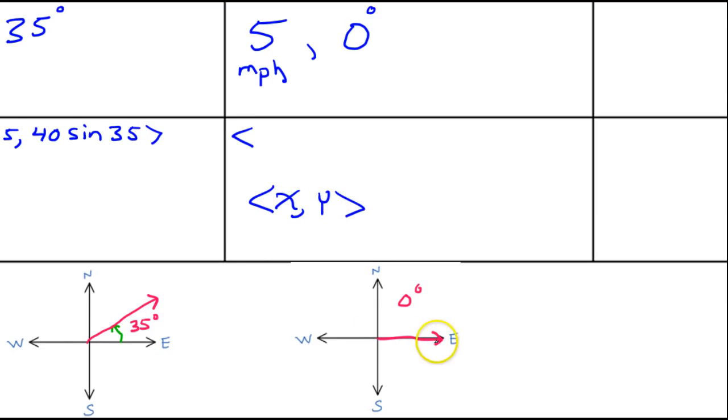But if you're talking about a vector that is due east, that is the horizontal component. It's all horizontal. So because it's to the east, that's going to be positive. So the horizontal component will simply be positive 5. There is no vertical component, so the vertical component will be 0. So do not bother with r cosine theta, r sine theta when you have north, south, east, or west for the direction.